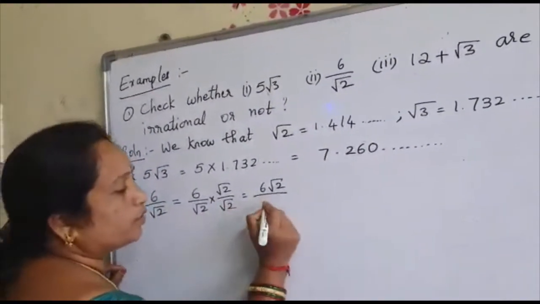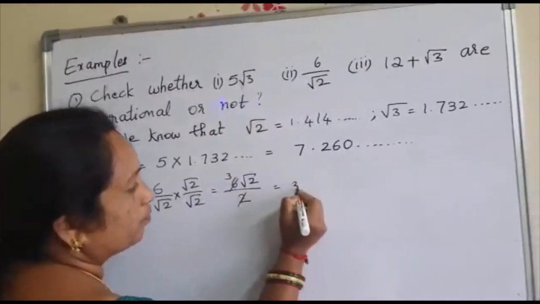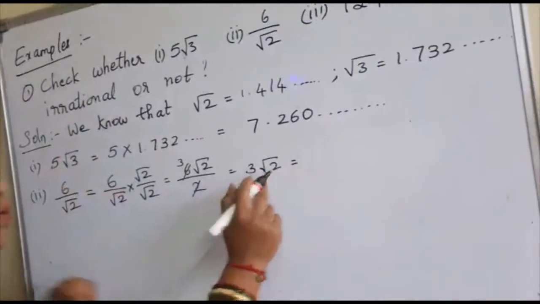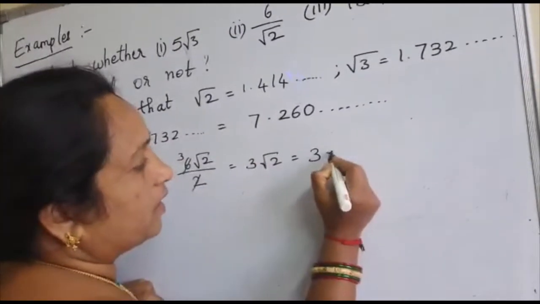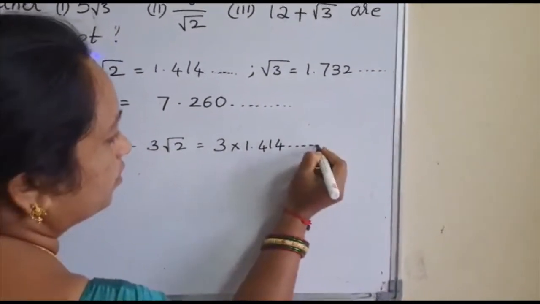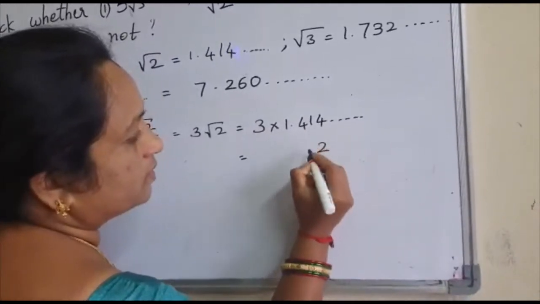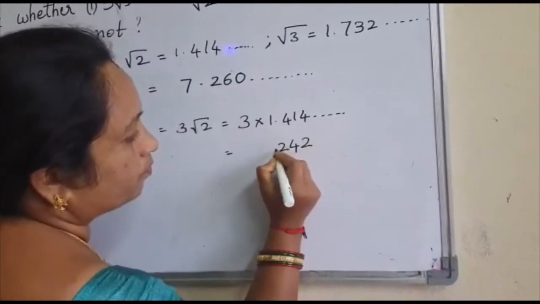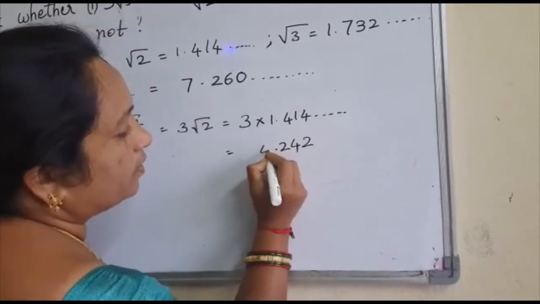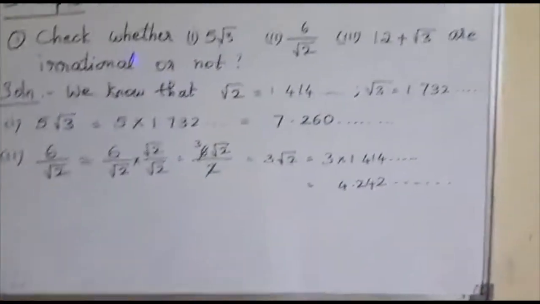Root 2 into root 2 is 2. Now here you can cancel, you will get 3 root 2. And now we know the value of root 2. Substitute here, 3 into 1.414 and so on, and you will get the value like this. Again, it is an irrational number.